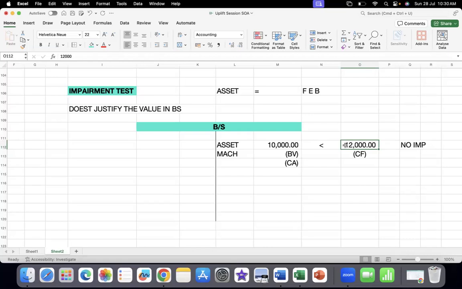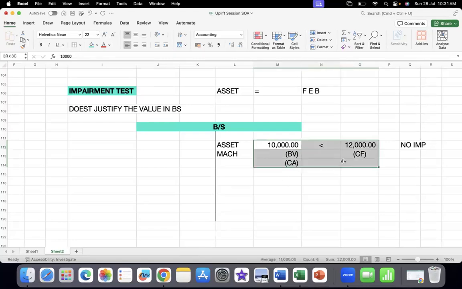But is it a guarantee that you will still generate 12,000 from this asset? There is no guarantee for that. And that's why when my book value is less than the cash flows, I don't do impairment. That means I don't reduce the value from my books. Let it be at the lower value.